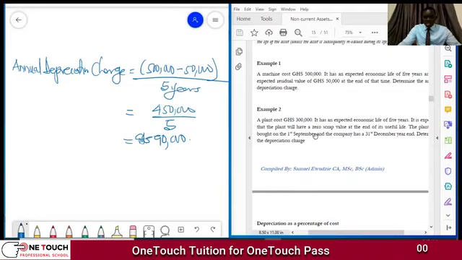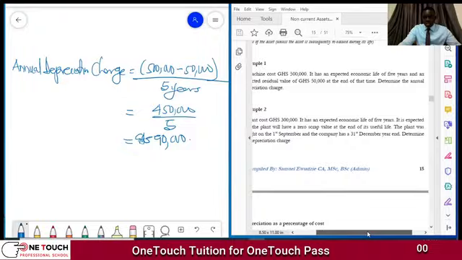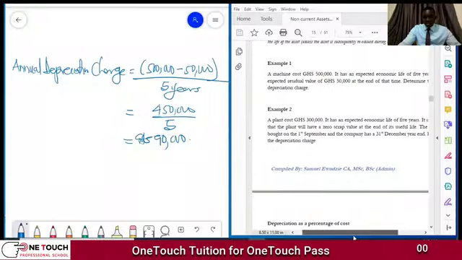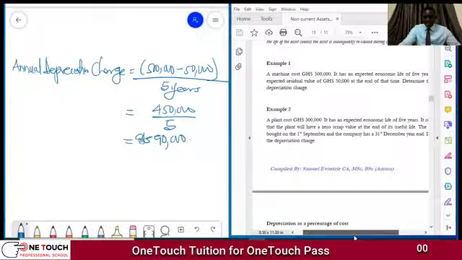A plant costs 300,000. It has an estimated economic life of 5 years. It is expected that the plant will have a zero scrap value at the end of its useful life.